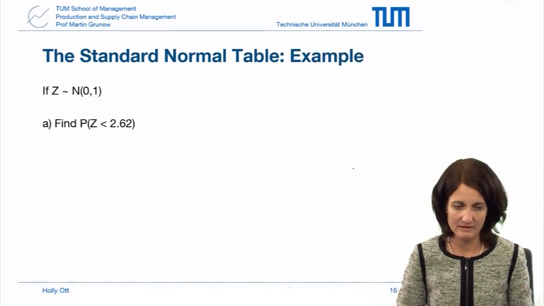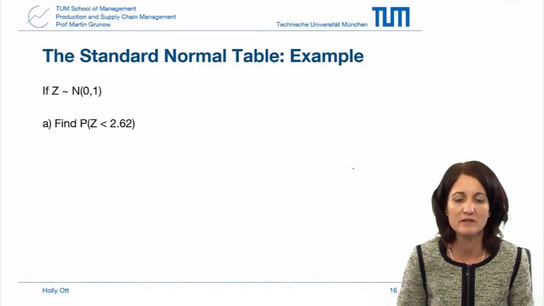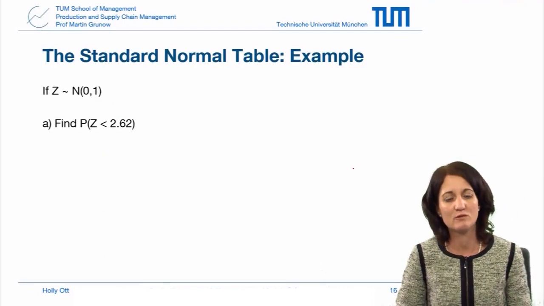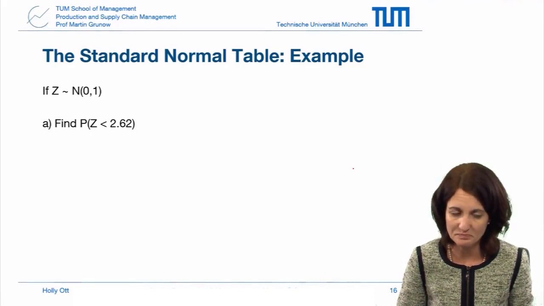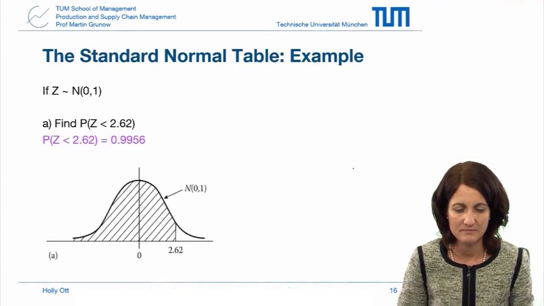Let's do some examples to practice. We're going to be using this a lot in our course, so we need to make sure we understand this. This is the basis for a lot of the quality techniques that we'll be looking at. So if we have the standard normal variable Z, find the probability that Z is less than 2.62. So we draw a picture of this.